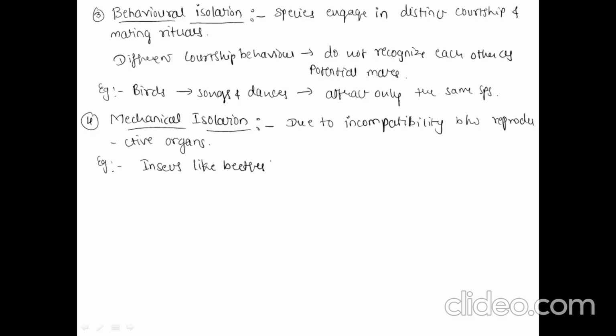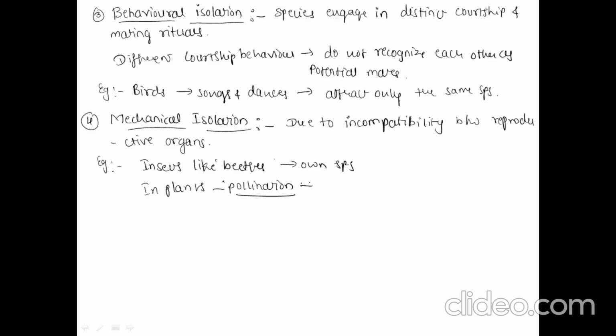And also another example is in case of the plants. In plants, the shape of a flower may only allow pollination by a specific pollinator species. In case of plants, pollination is species specific, and in case of insects like beetles, the reproductive organs only fit with their own species.